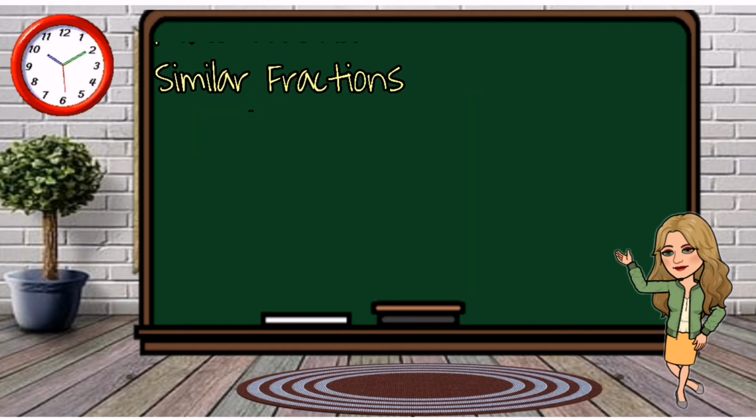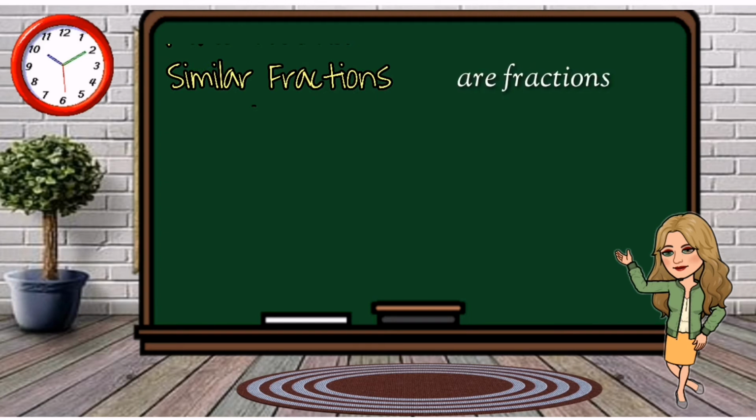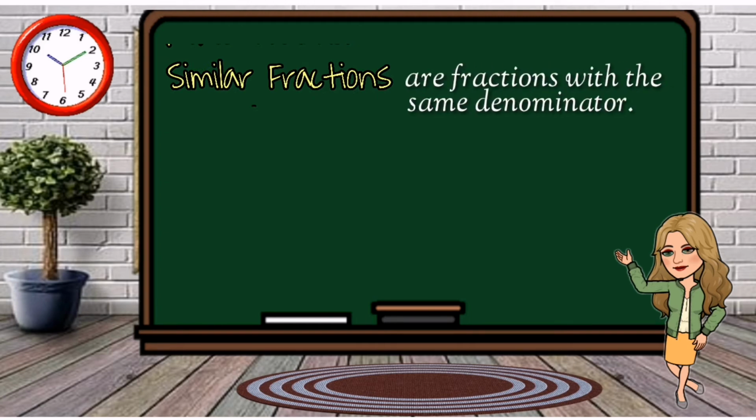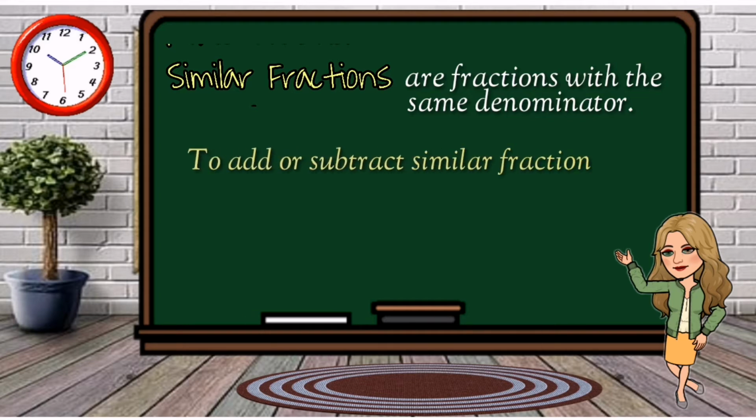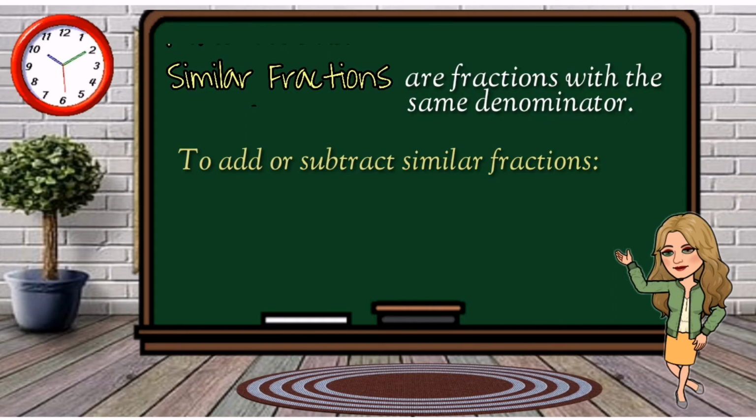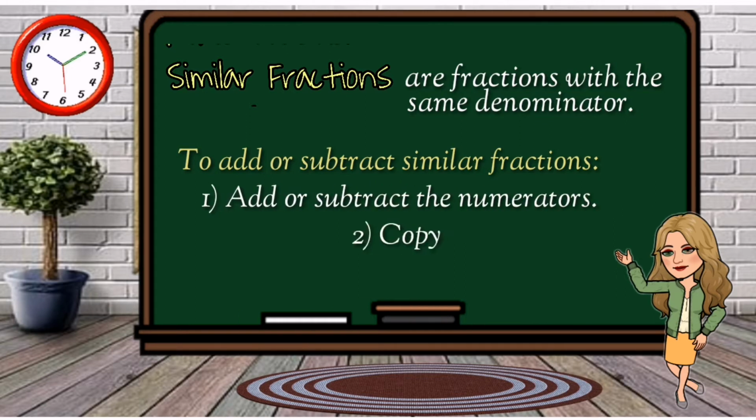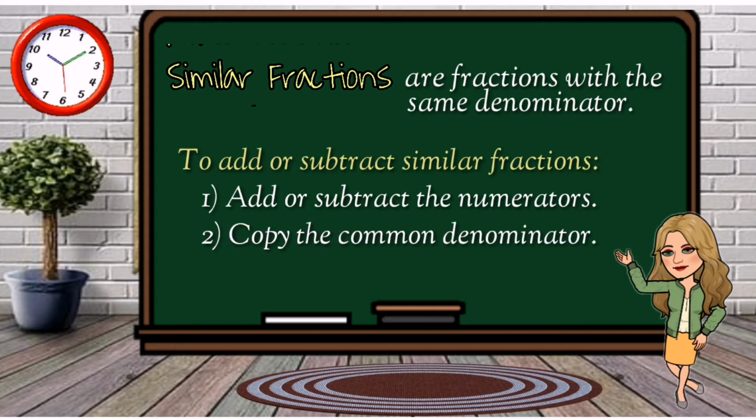When you say similar fractions, these are fractions with the same denominator. And how can we add or subtract similar fractions? You can add and subtract like or similar fractions easily. Just simply add or subtract the numerators and write the sum or difference over the common denominator.